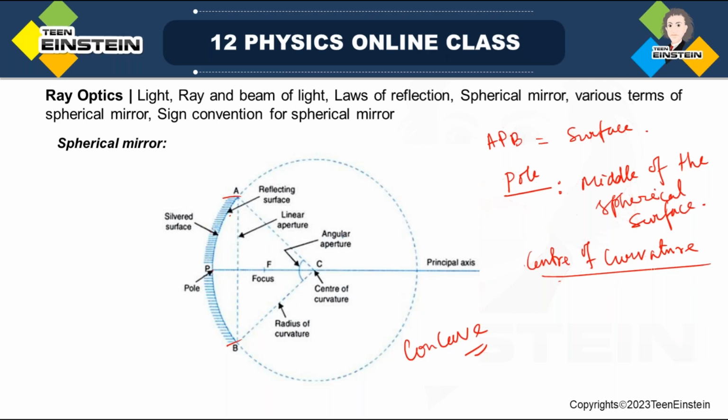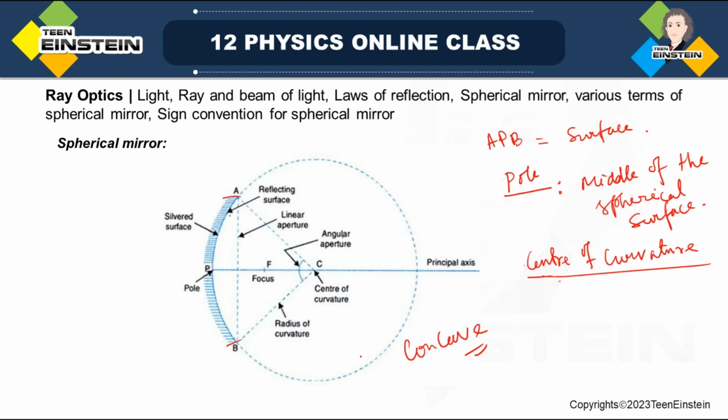What is center of curvature? As you know, a spherical mirror is a part of a bigger sphere, a part of a hollow sphere. So center of curvature is the center of that particular sphere.